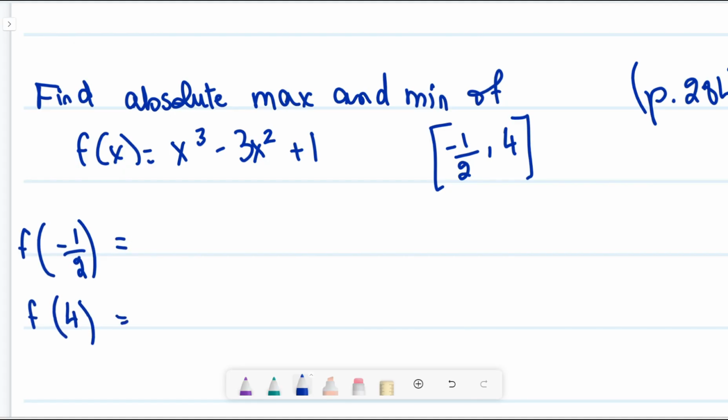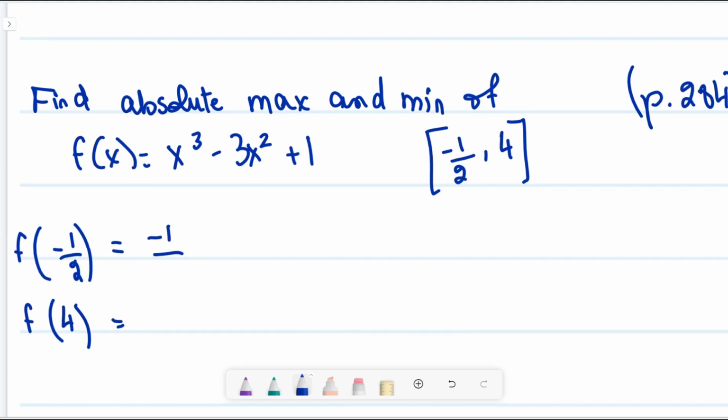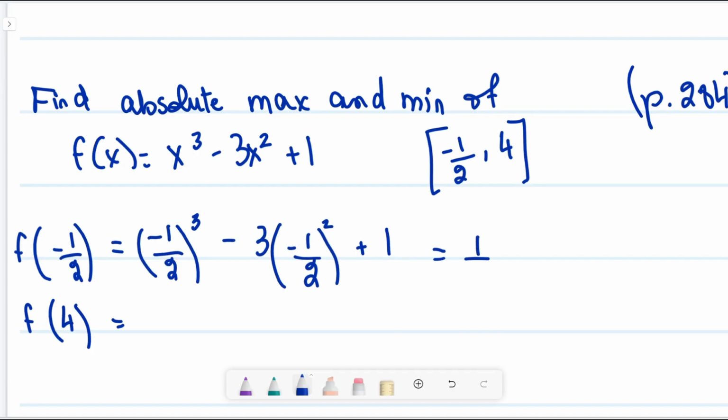So what is f of -1/2? This will give us (-1/2) cubed minus 3 times (-1/2) squared plus 1, which will evaluate to 1/8. Now what is f of 4? 4 cubed minus 3 times 4 squared plus 1, which will give us 17. Are we done?